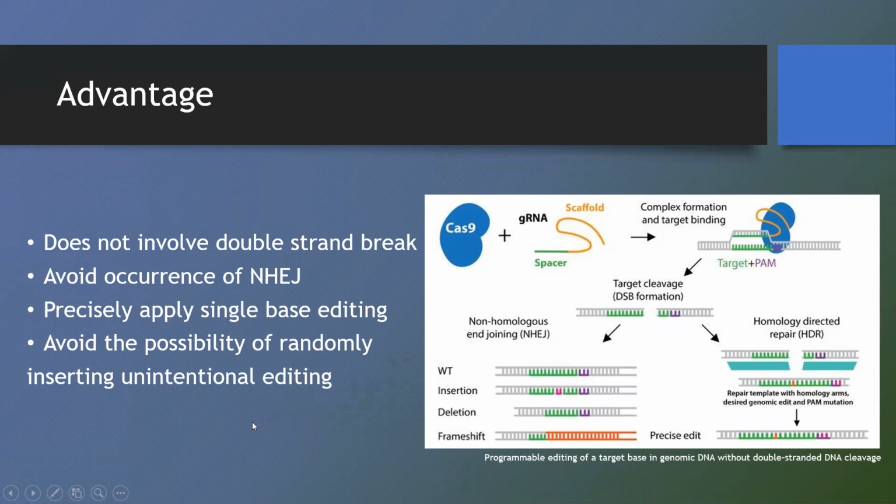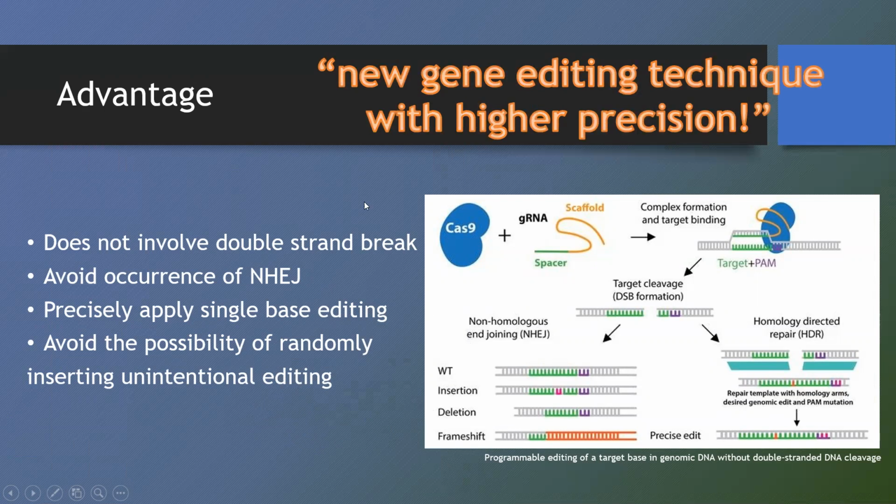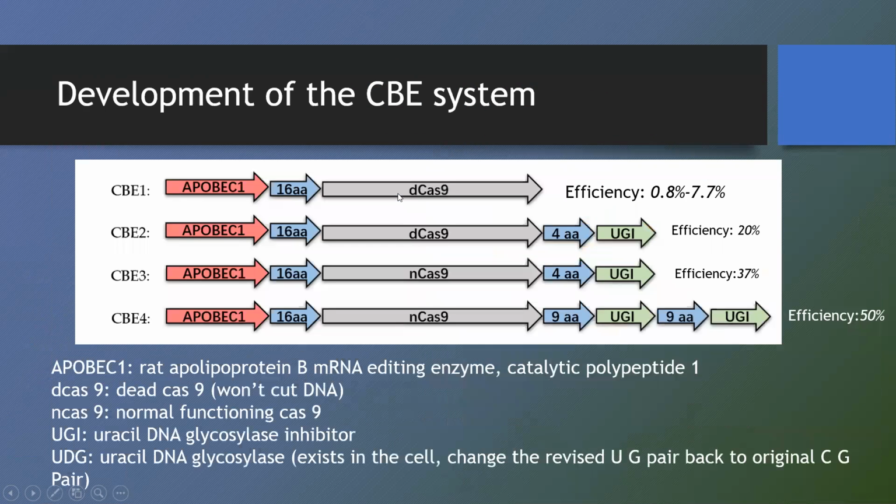In fact, CBE has been praised by scientists as a new gene editing technique with higher precision. Indeed, lots of versions have been tested since the invention of this technique.